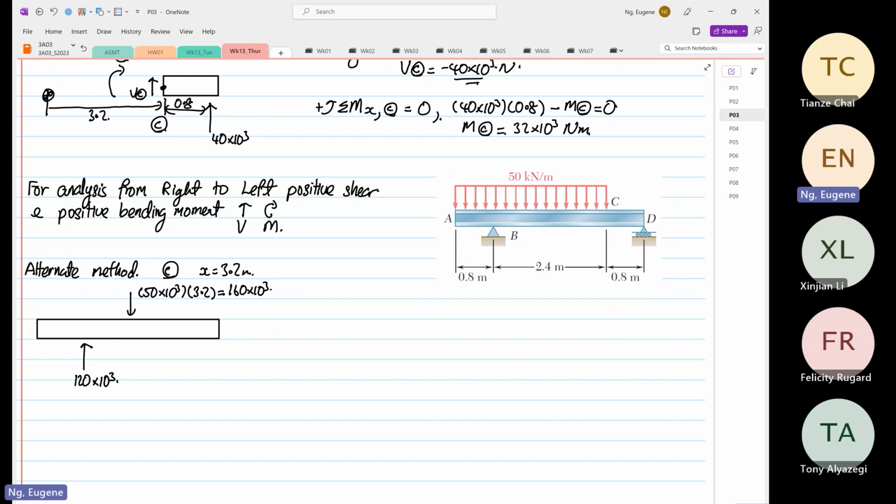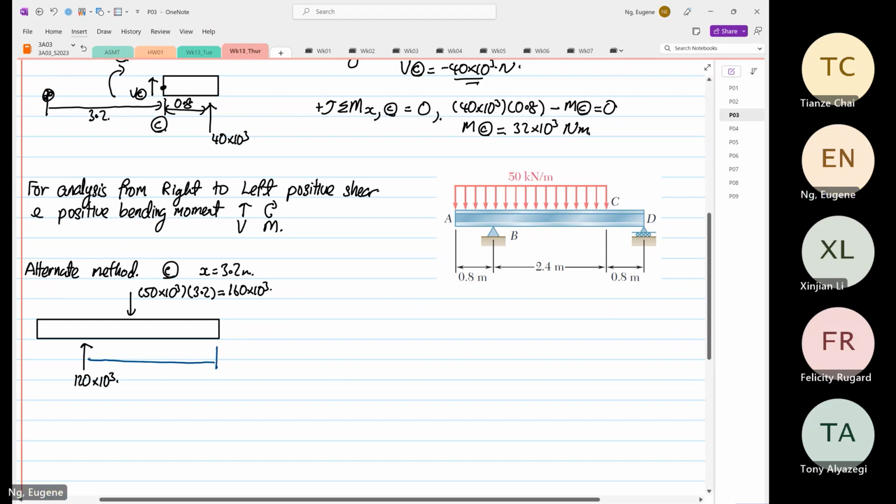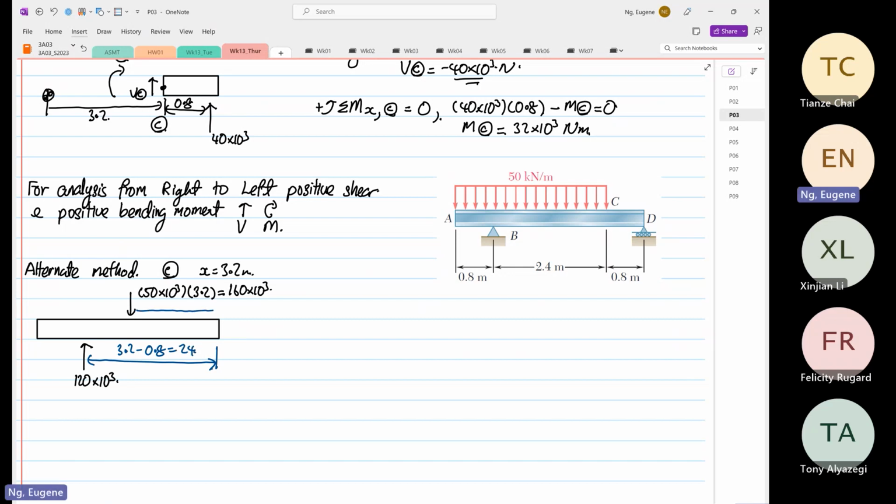And we know that this distance from here to here is 3.2 minus 0.8, which is 2.4. And the distance from here to here is equal to 3.2 divided by 2, which is equal to 1.6.